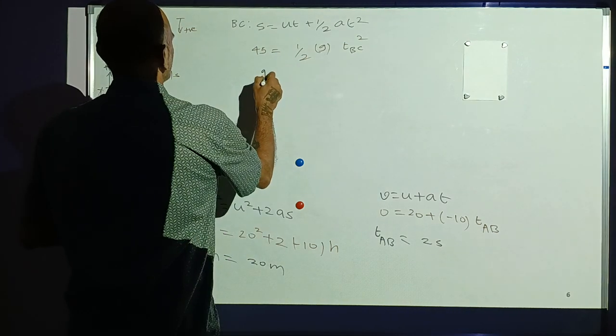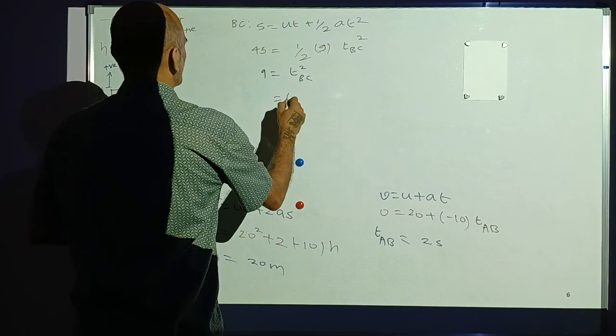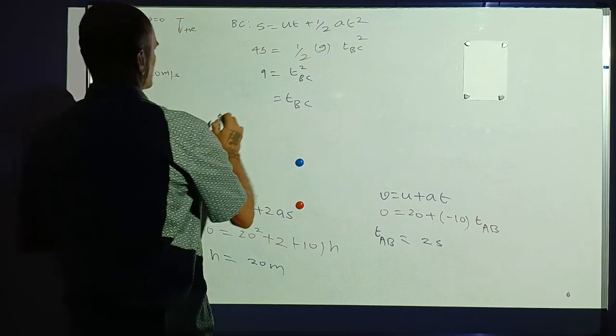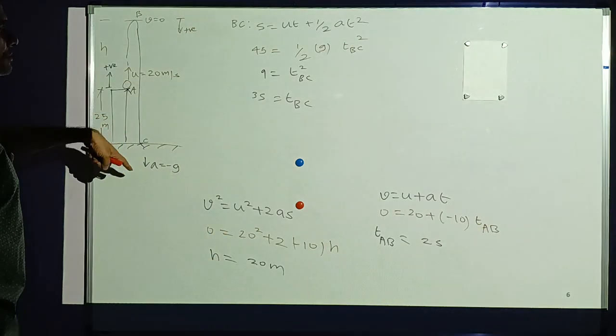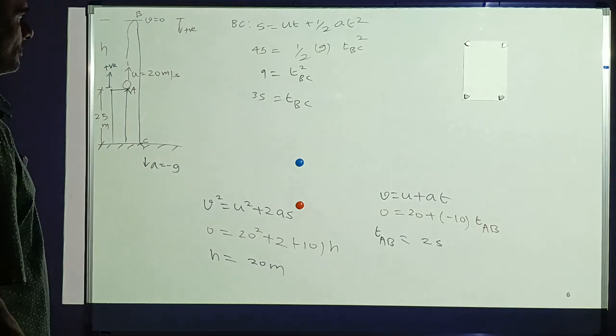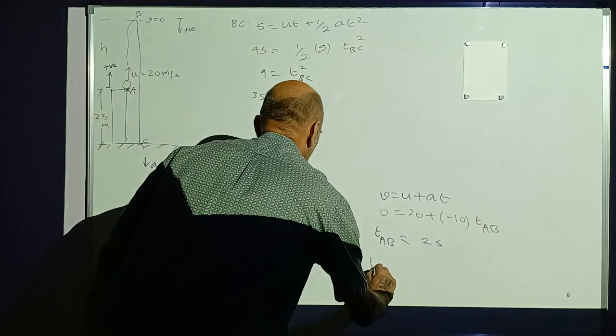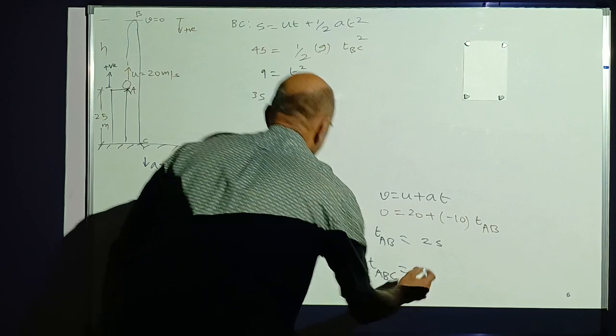So 9 equals time square. So time to go from B to C is 3 seconds. So the total time to go from A to B and then B to C is 2 plus 3, 5 seconds. So total time to go from A to B and then to C is 5 seconds.